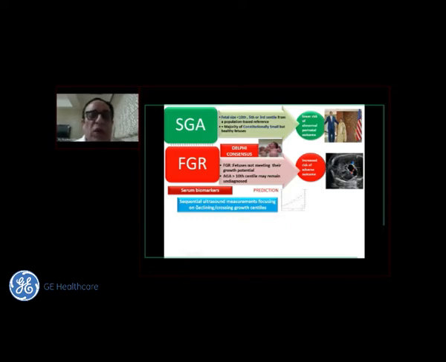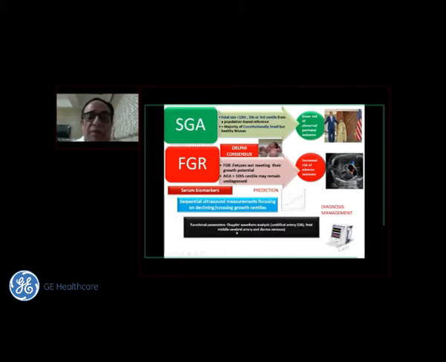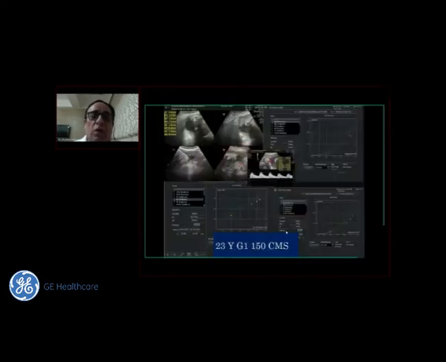What we really rely on, as Pooja said, is sequential ultrasound measurements focusing on declining growth or crossing growth centiles. And then, of course, the most important part, as Vivek said, is the Doppler. That is essentially the umbilical artery, fetal middle cerebral artery, and the uterine artery, and the venous Dopplers also.